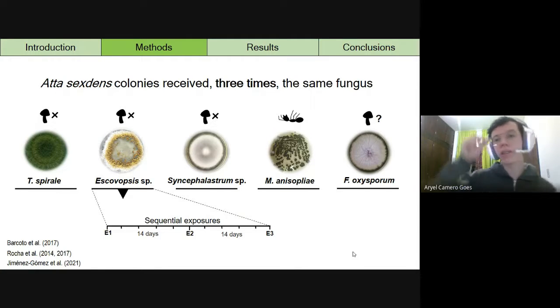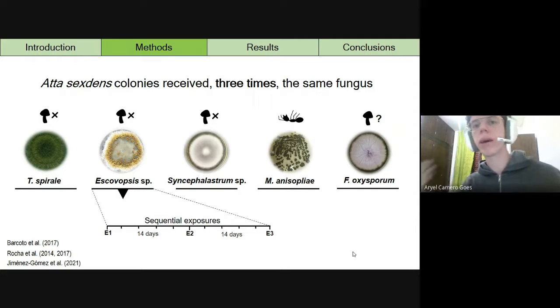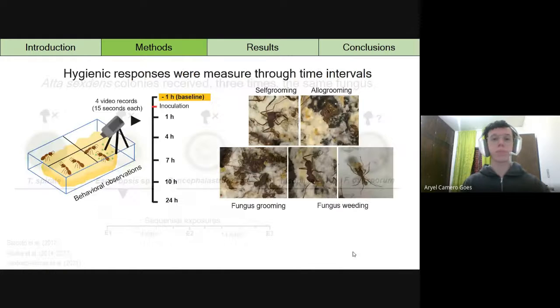To mimic the successive encounters that the colony might have in nature, we presented each of them in 3 exposures, 14 days apart. We utilized filtered conidia at the same concentration for all of them, and a saline solution for the control.